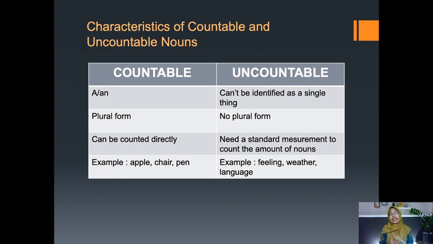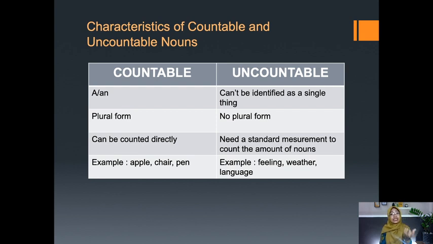Because a countable noun has a singular form. What does it mean? If I see 1 apple, I will say it is an apple because it is only 1 apple. I see it is an apple because I can count it directly.